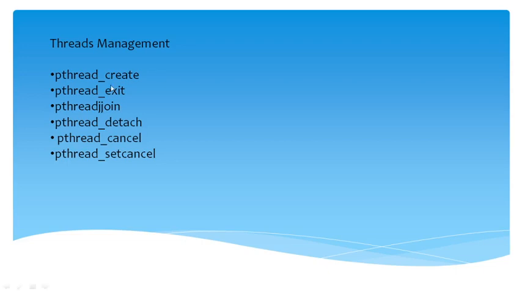Like that, the thread package has pthread_create and pthread_exit, which terminates the calling thread. This routine is called by a thread itself, whenever it thinks that its job's execution is finished. By itself it can terminate by using this routine.